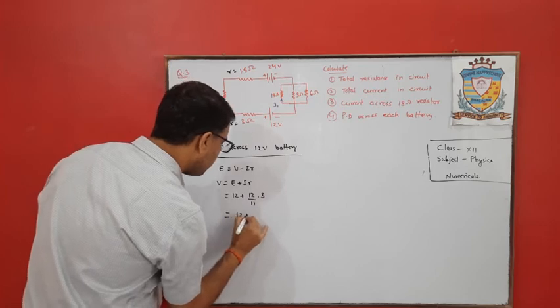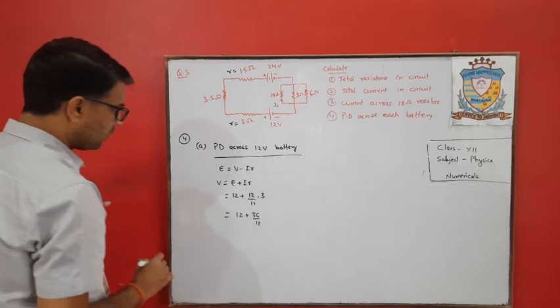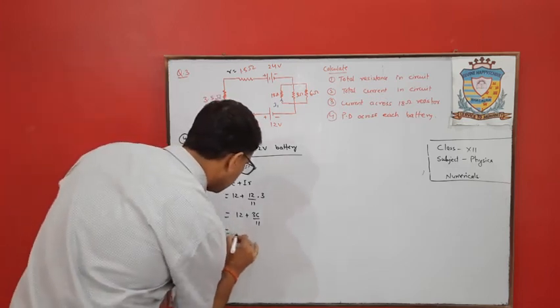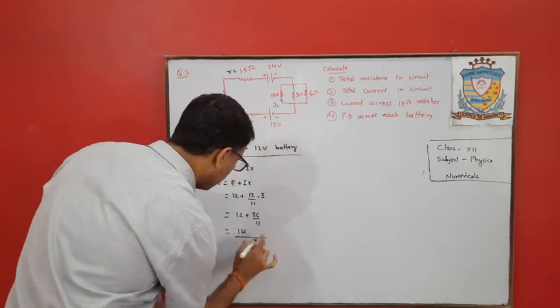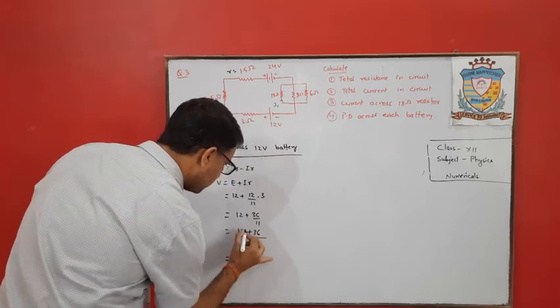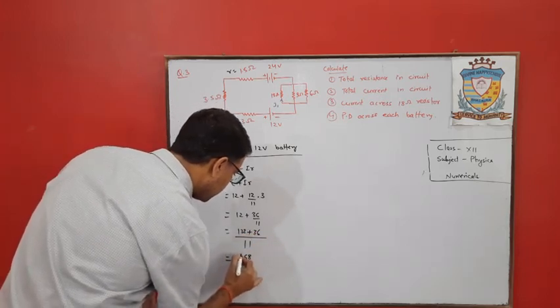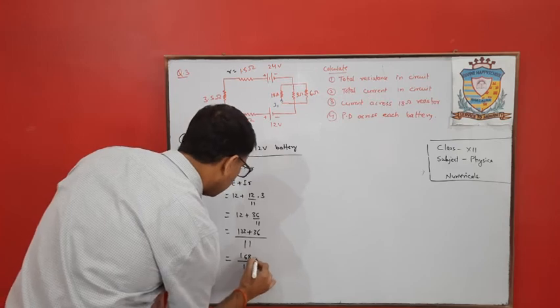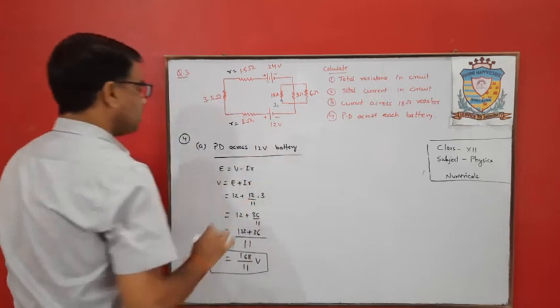So 12 plus 36 by 11, isn't it? So here it is 11, 132 plus 36, 168 upon 11 volt. So this is the potential across the 12 volt battery.